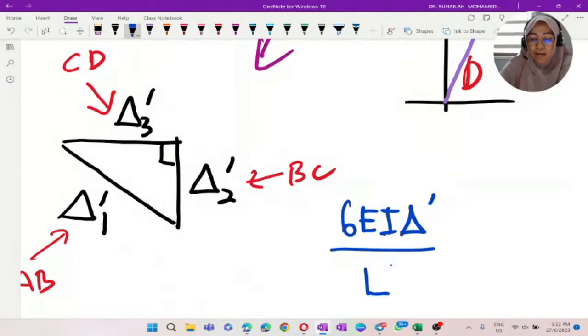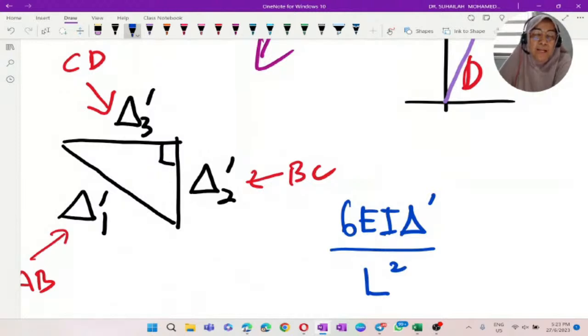Okay, in this analysis under step 3A, we label everything as prime, because we are referring to diagram D, which is subjected to R prime, so the delta is delta prime.